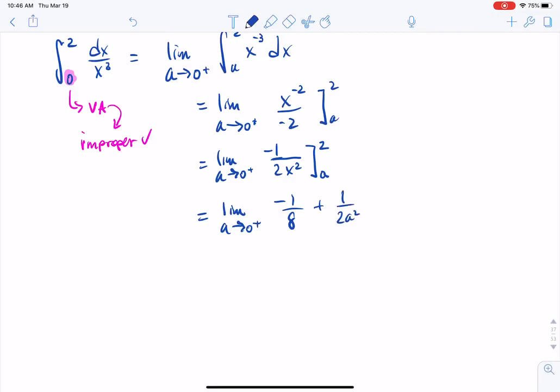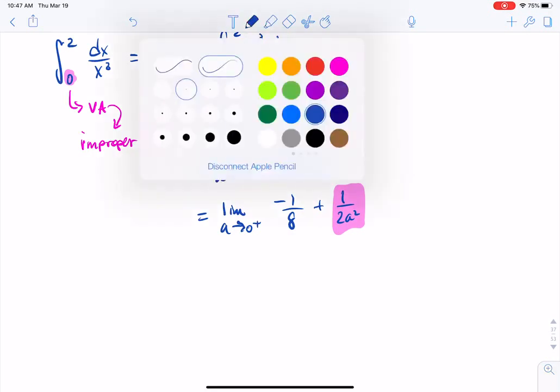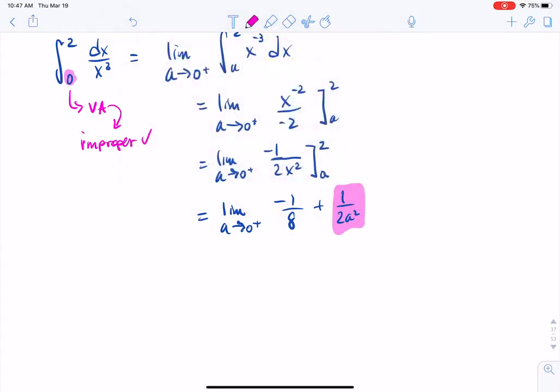Okay, now we can do the limit. On the first part, negative 1 over 8 is not affected. But over here on the right-hand part, when I stick 0 down in the denominator, I'm dividing by 0. This should go to positive or negative infinity. Which one is it? It does matter. The number's going to be positive, no matter what I'm sticking in here.